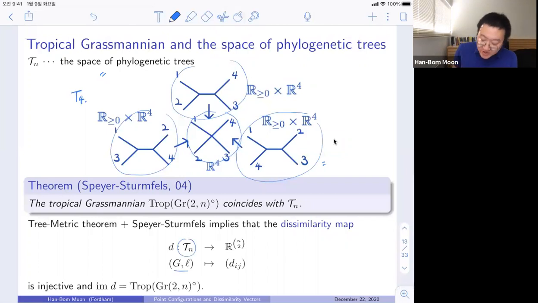So we have a metric tree. Then we can define the distance vector. First of all, this is injective by the tree metric theorem. Secondly, the image is exactly the tropical variety, which is the tropicalization of the Grassmannian Gr(2,n). So there is a very interesting connection between combinatorics and tropical geometry.